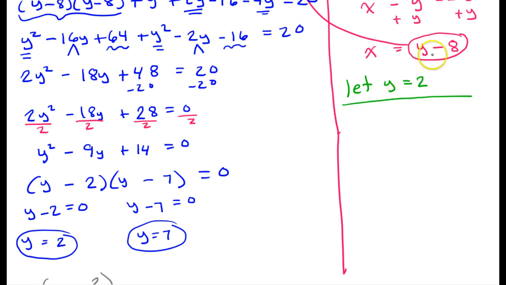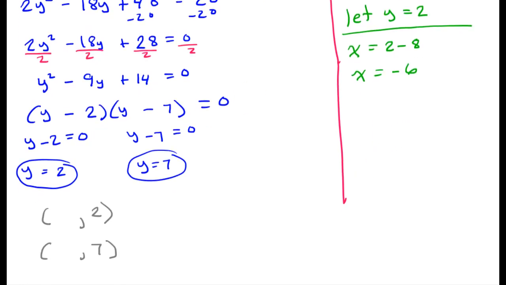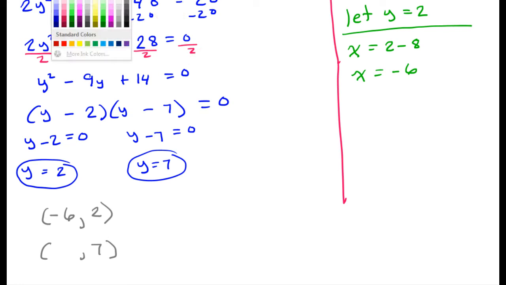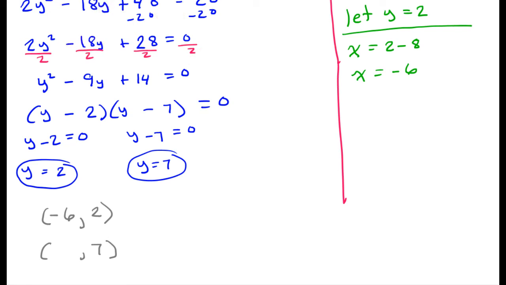If y equals 2, this becomes x equals 2 minus 8. So x is equal to negative 6. Okay, so that means we have the point negative 6 comma 2.